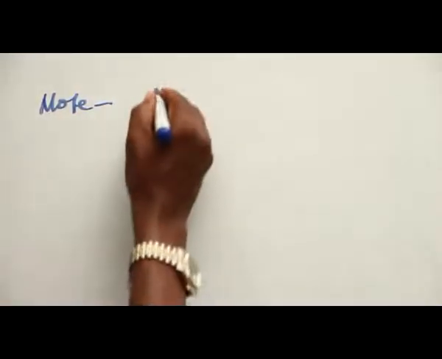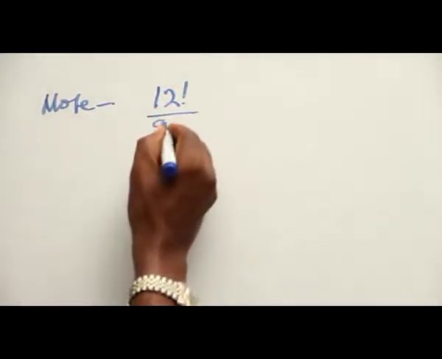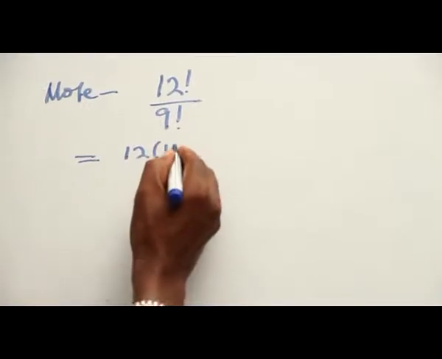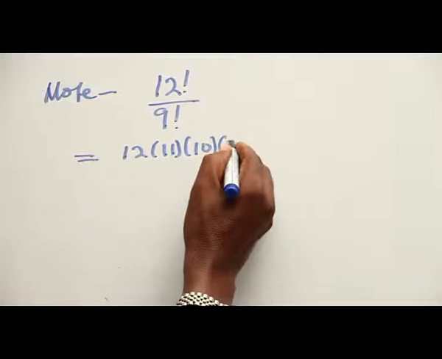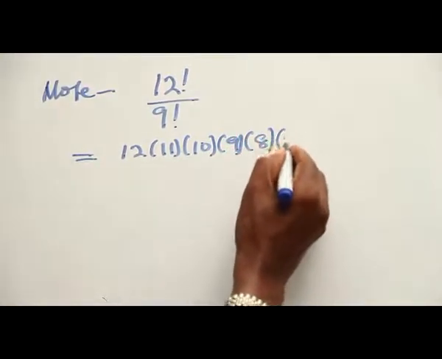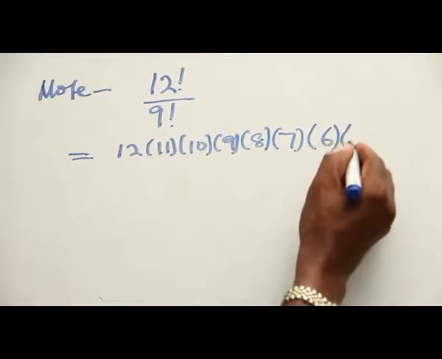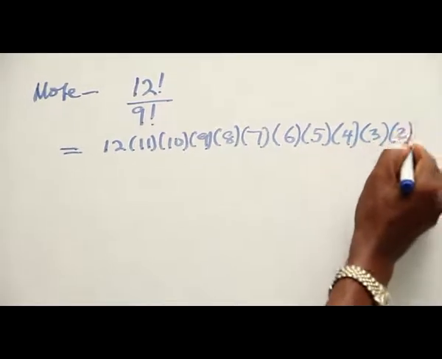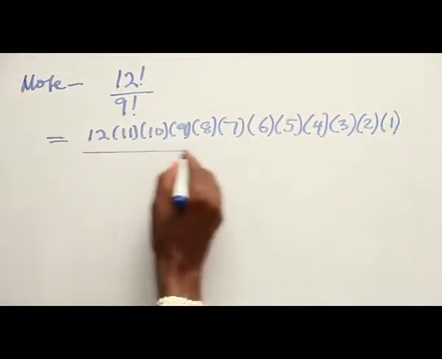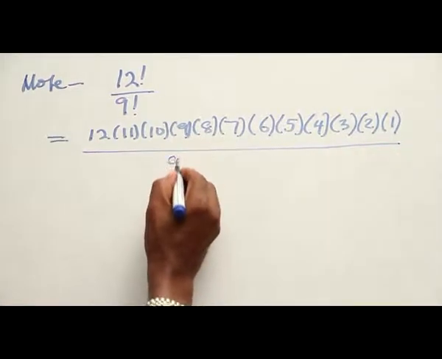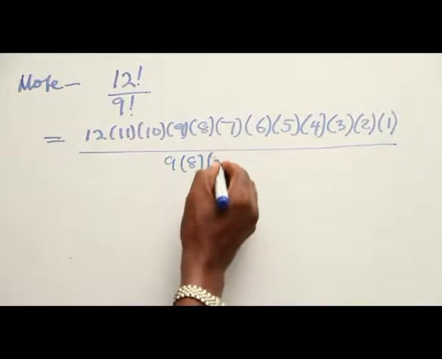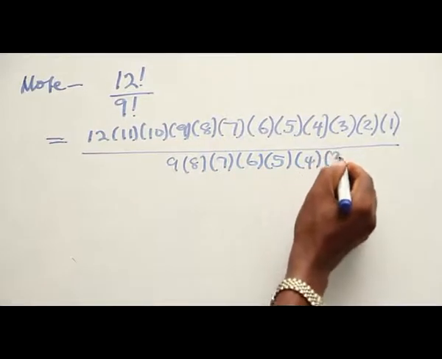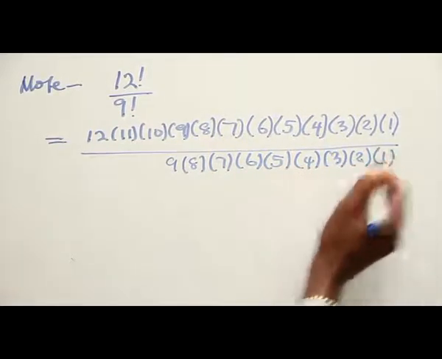We could also solve this problem of 12 factorial over 9 factorial by expanding: 12 times 11 times 10 times 9 times 8 times 7 times 6 times 5 times 4 times 3 times 2 times 1, all over 9 times 8 times 7 times 6 times 5 times 4 times 3 times 2 times 1.